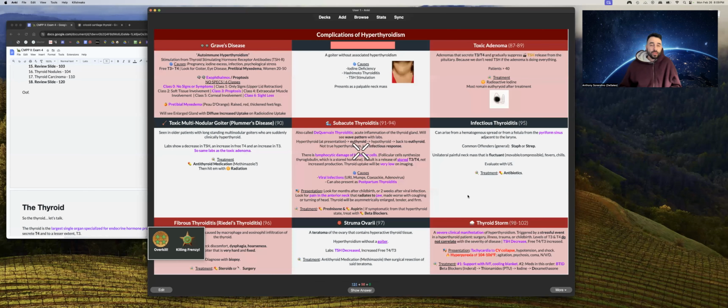All right. Middle, complication of hyperthyroidism. What is this? A goiter without associated hyperthyroidism. I don't know, just non-toxic. Okay, all right. So we have non-toxic goiter here, and then we have the word toxic here, but we also have the word toxic here. But this is a toxic adenoma.